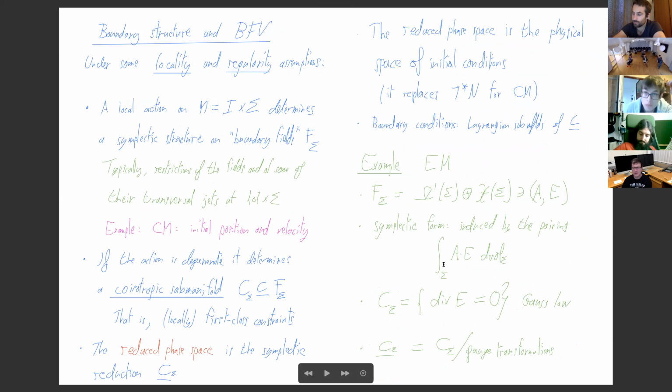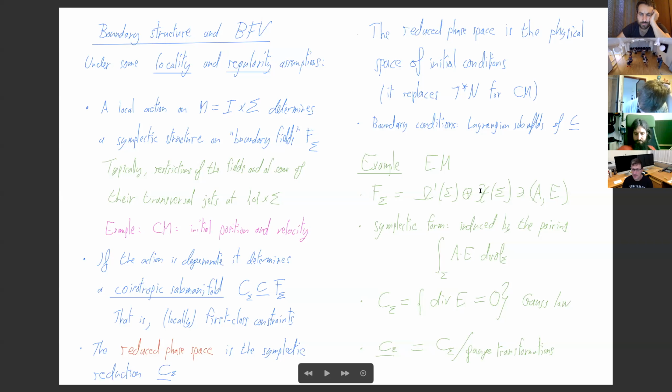Now, just to give you an idea, let me do the example of electromagnetism. In the case of electromagnetism, I will not go through this construction, it will take too much time. Let me give you the result, because probably you're familiar with it. So the boundary fields of electromagnetism are the electric field and the vector potential.